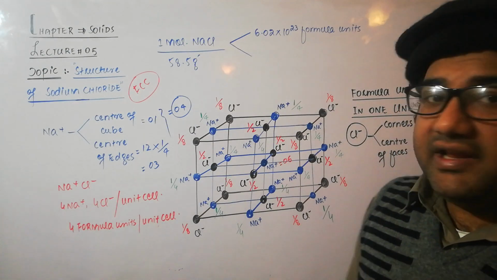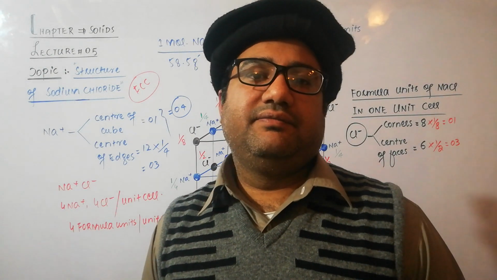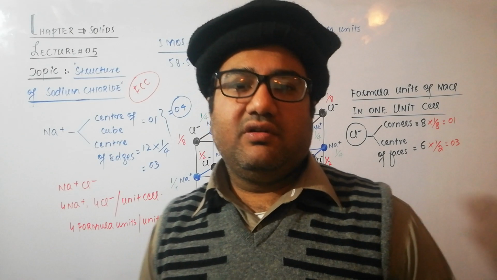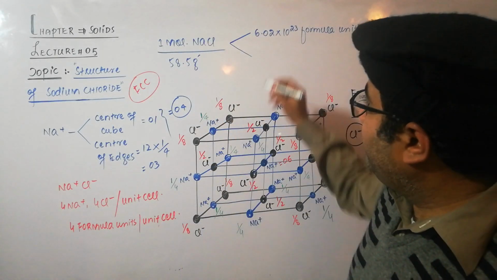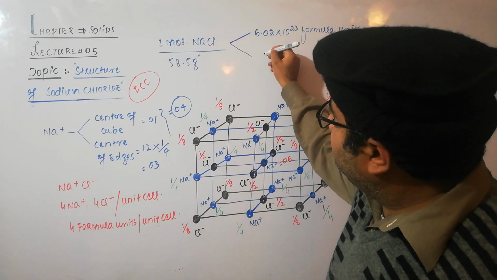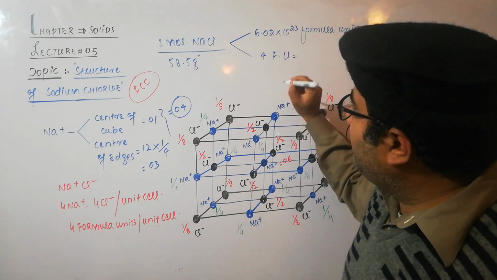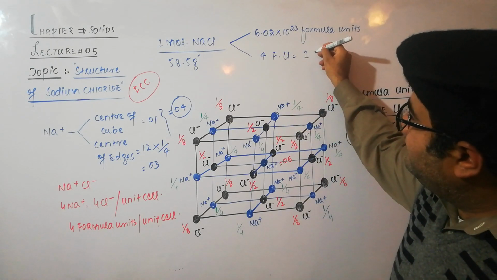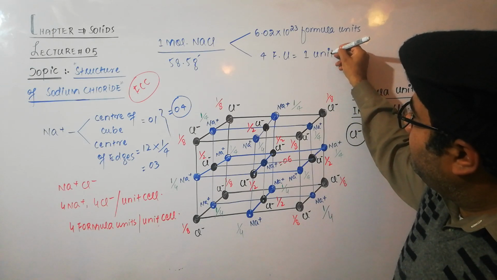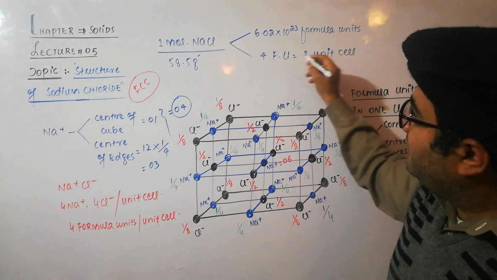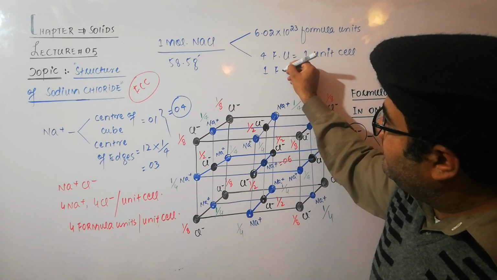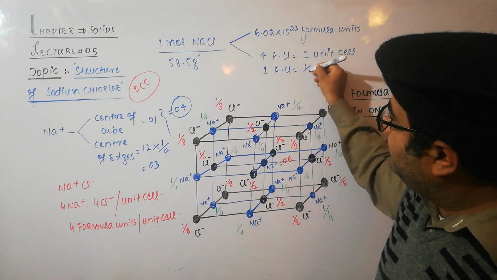But how many unit cells are there in 1 mole of NaCl? You know that 4 formula units (FU means formula unit) make 1 unit cell. So 1 formula unit is 1 by 4 unit cells.